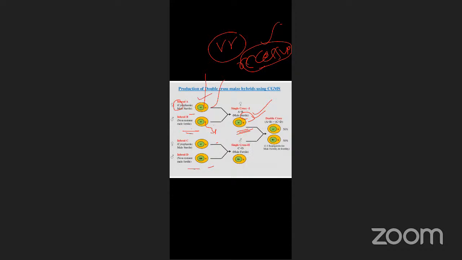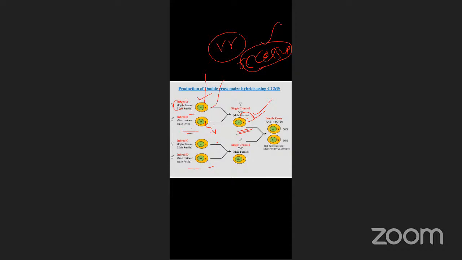Being unable to produce viable pollen. That means inside the pollen, in the nucleus and cytoplasm, that is mitochondria or chloroplast, the sterile genes are present. They are continued to the next offspring also.